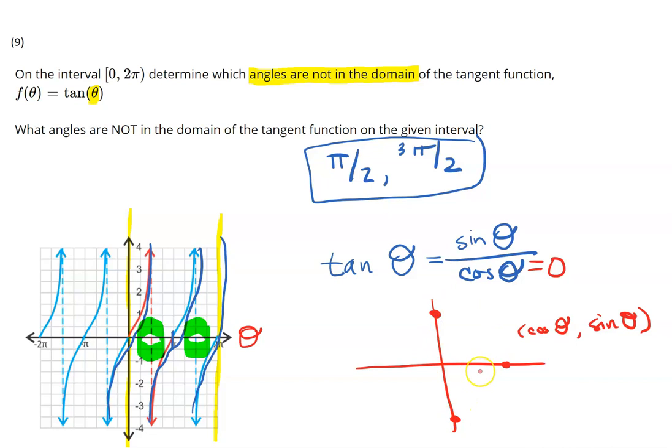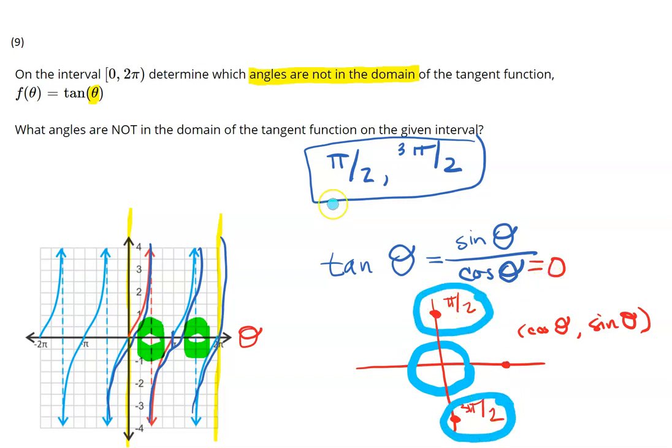If this goes from 0 to pi, this is at pi over 2, and this is at 3 pi over 2. And so where in our interval between 0 and 2 pi, looking at your unit circle, the entire circle, do I have cosine to be 0? It would be up here at the top and down here at the bottom. And again, that's our two values that we already got.